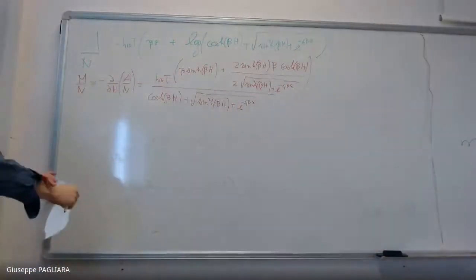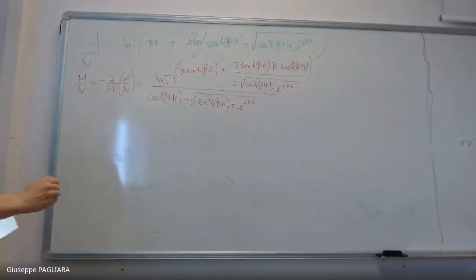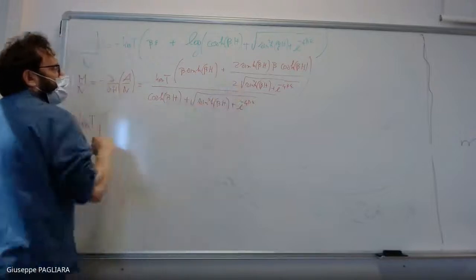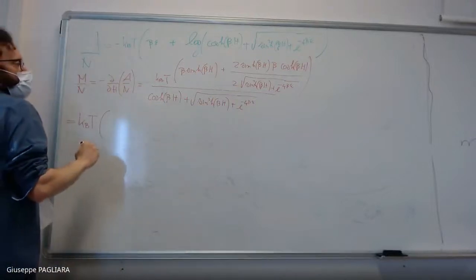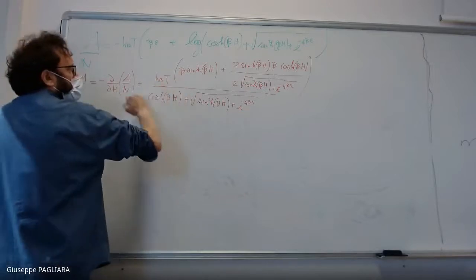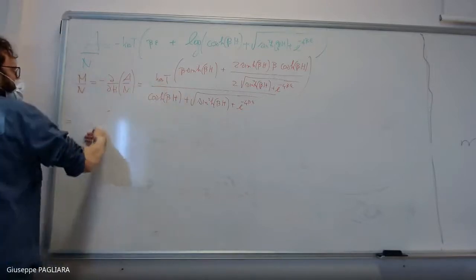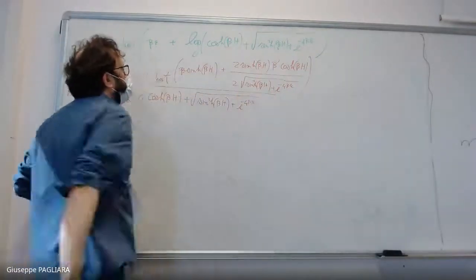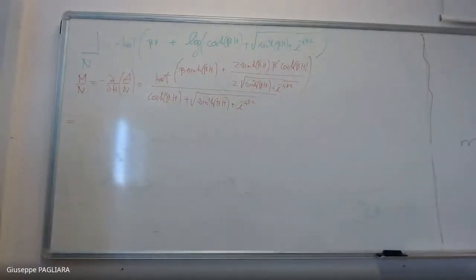Okay, so now it's a matter of calculation again. So this kBT, here I have this guy by this guy, and I can simplify a beta, because this kBT beta can be removed.